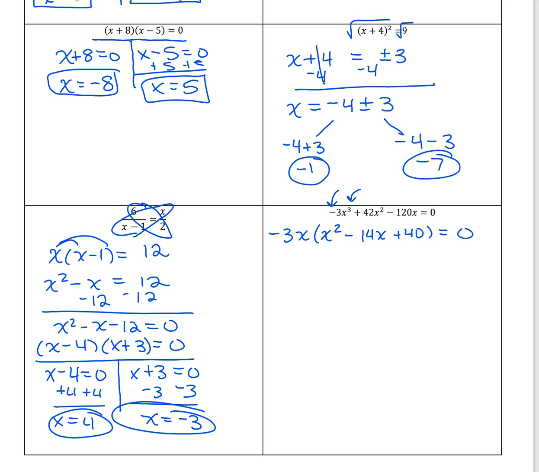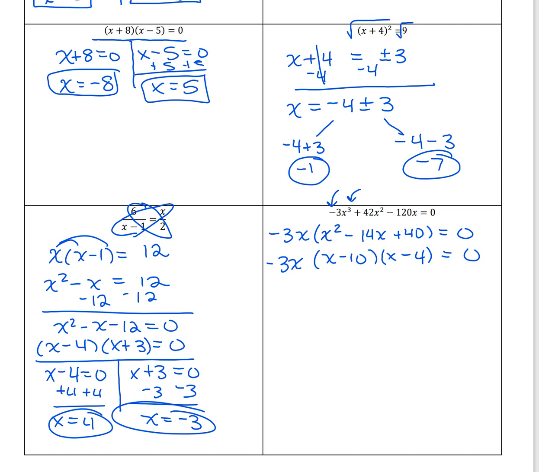And now from here, I'm going to look at the x squared minus 14x plus 40 and say to myself, I have a leading coefficient of positive 1. So I'm looking for two numbers that add to negative 14, but also multiply to 40. So when I think of those two numbers, I'm thinking negative 10 and negative 4. So I'm going to bring down my GCF. I'm going to factor that trinomial as x minus 10, x minus 4.